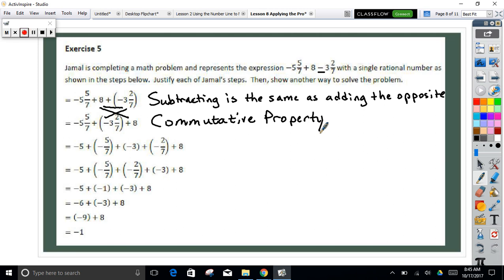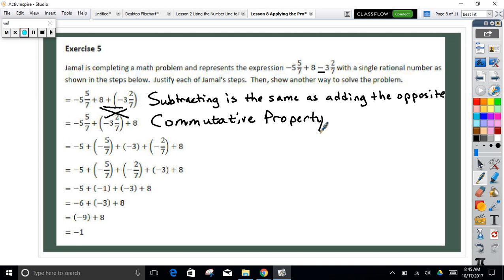There's technically the commutative property of addition. There's also a commutative property of multiplication. All right, what happened in the next step, Taryn? Just explain it as best you can.